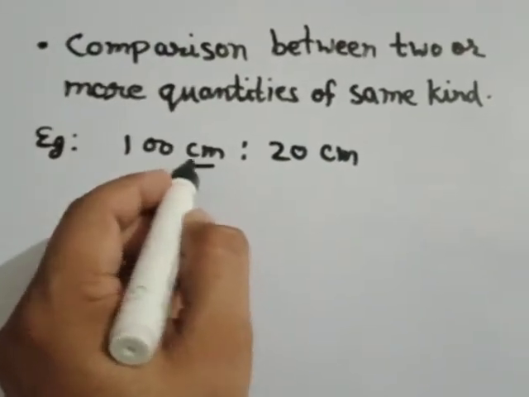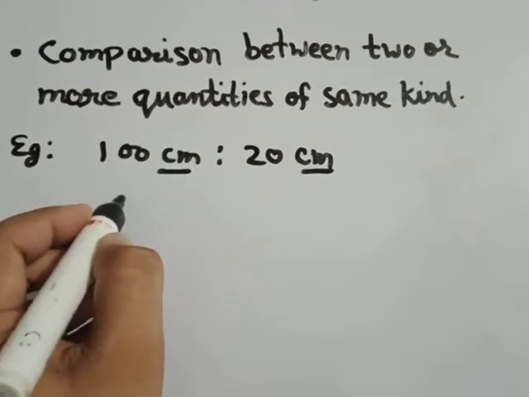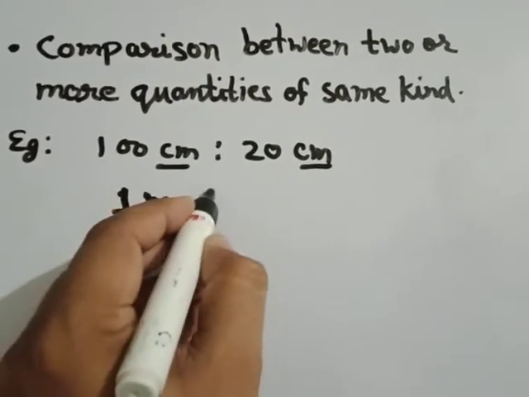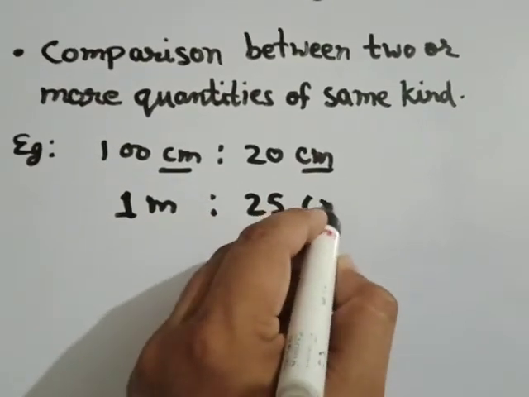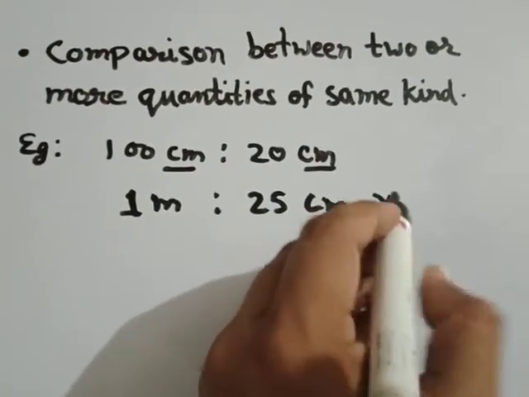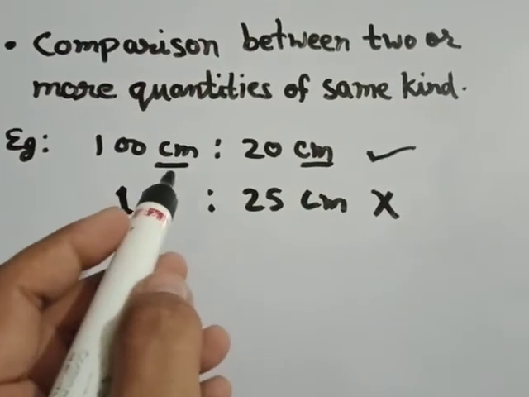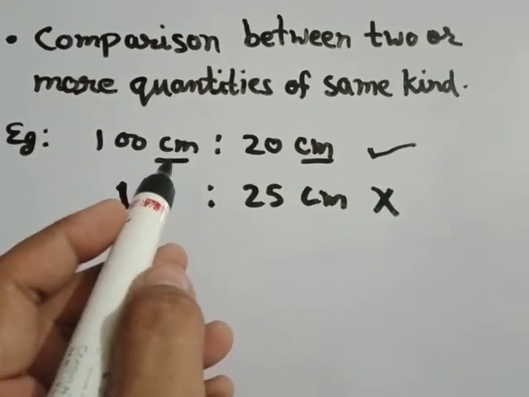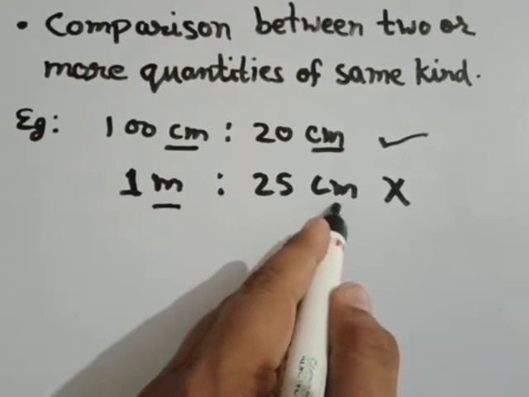This is the same quantity, meaning both have the same unit. 1 meter and 25 centimeter, we do not compare. We have to compare two or more quantities of the same kind. Here the units differ.